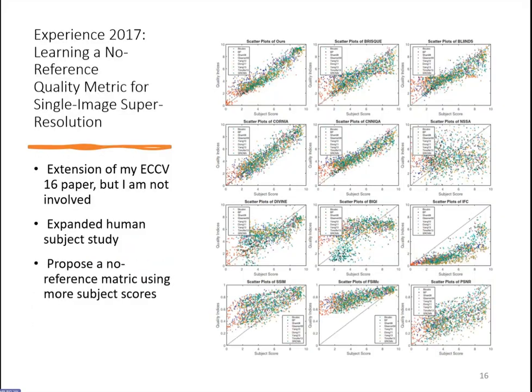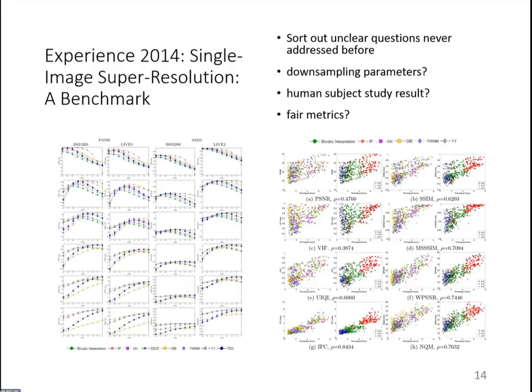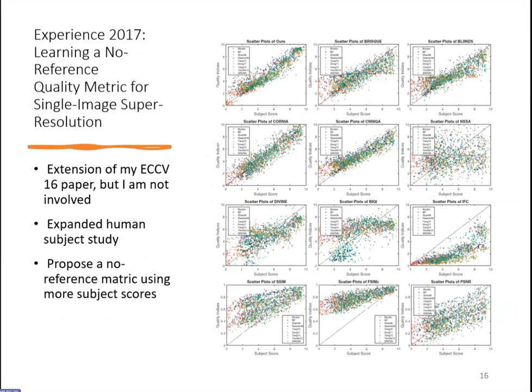Again, this is another extension. I did it in 2014, right? And there is a co-author, the second author. He extended the study from, we ask a lot of human subjects how they feel about it, so we need a reference image, the original one and the created high-resolution one.